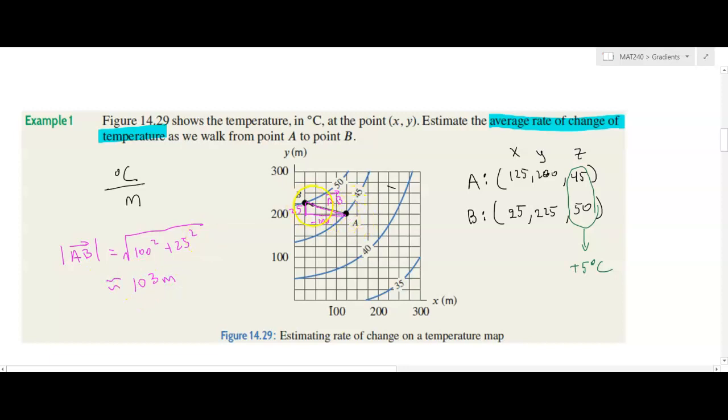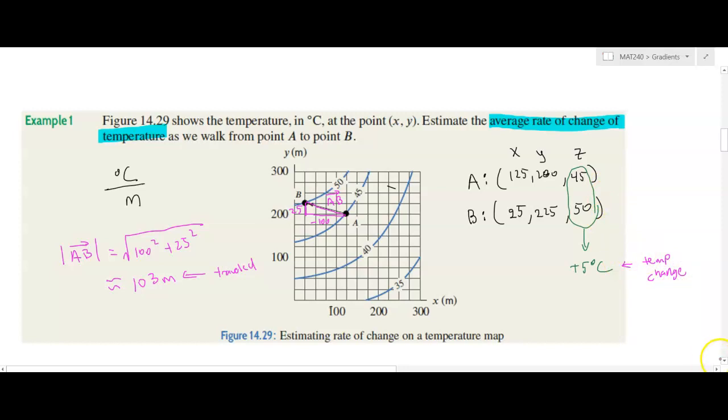Now that is in meters because if x represents meters and y represents meters, then the square root of meters squared plus meters squared is still going to be in meters. So we traveled a total of 103 meters, and we obtained a 5 degrees Celsius temperature change.